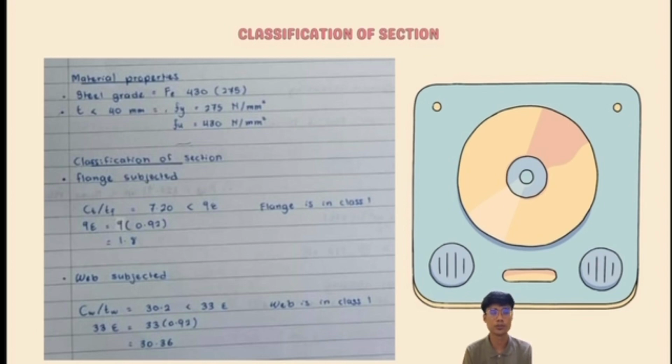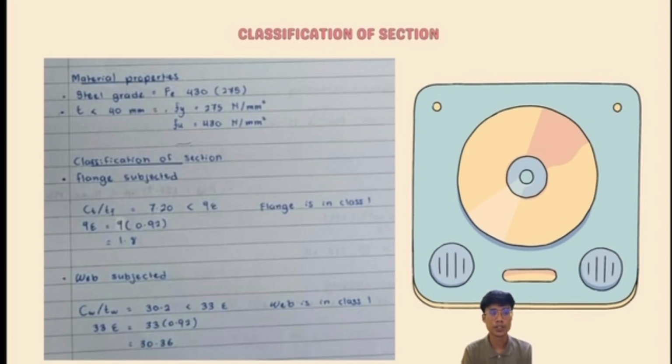Before that, we need to know the material properties from the Eurocode. We need to check the steel grade, and in this question the steel grade is S275 with thickness lower than 40 mm, so Fy is 275 and Fu is 430.